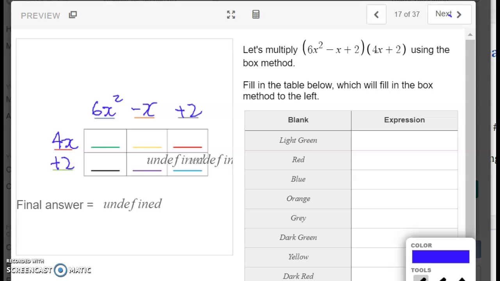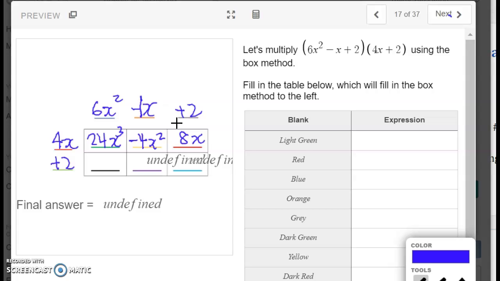This is no more difficult because you're just basically multiplying. 4 times 6 is 24. X times x squared is x to the power of 3. 4x times negative x. Remember, when you see a negative x, that's like negative 1x. So negative 1 times 4 is negative 4. Negative 4, x times x is x squared. And 2 times 4x is going to be 8x.